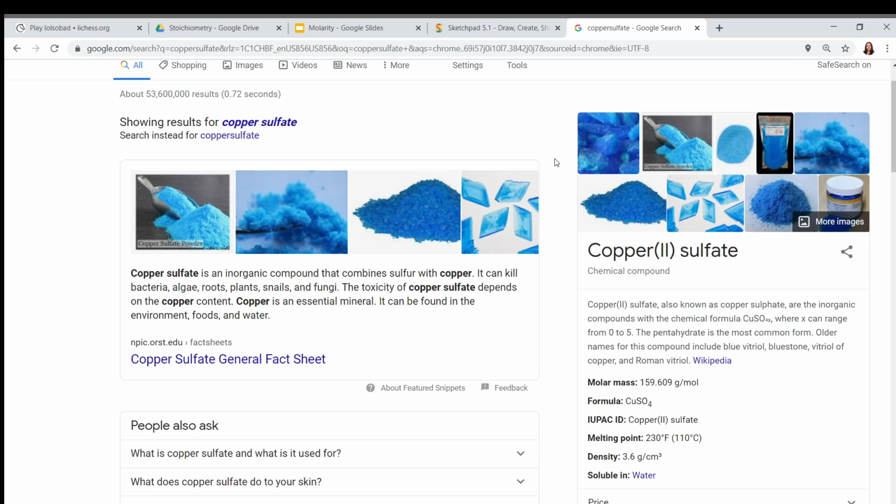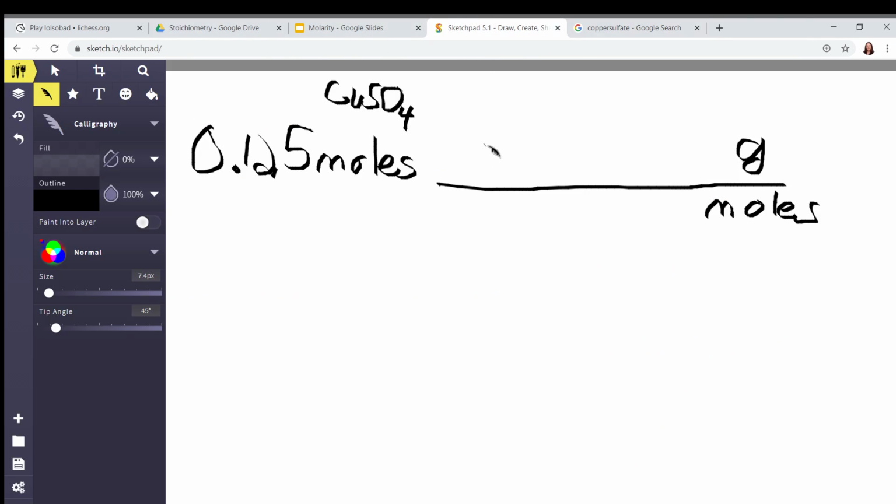Okay, 159.609. So then here, we'll go ahead and have to multiply them together times 159.609.